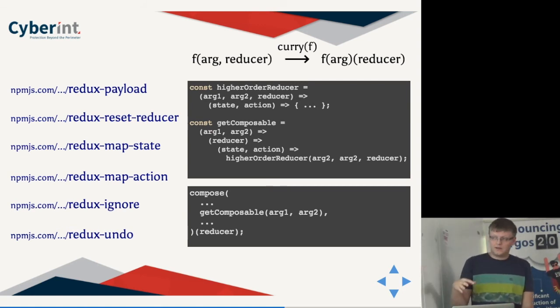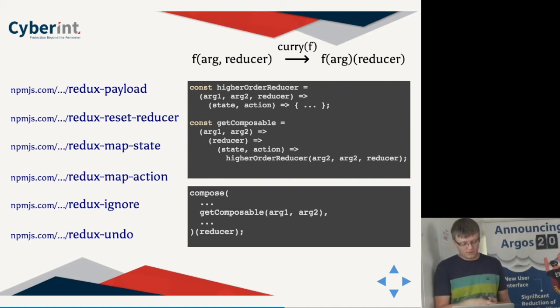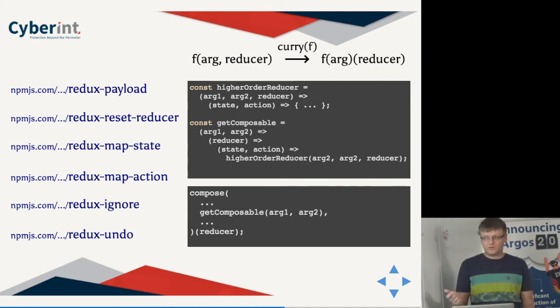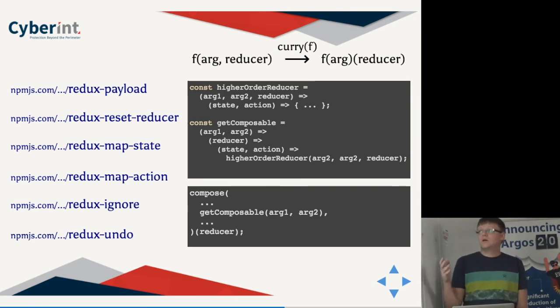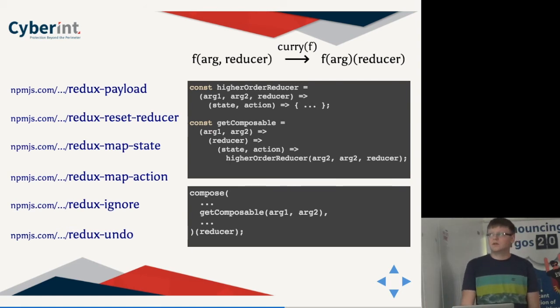Redux undo provides the history of your subtree in the state, and you can navigate back and forth on this history. But not all high-order reducers that you can find on NPM are ready to use in composition, because some of them get not only a reducer as an input, but also some arguments that set up this high-order reducer.